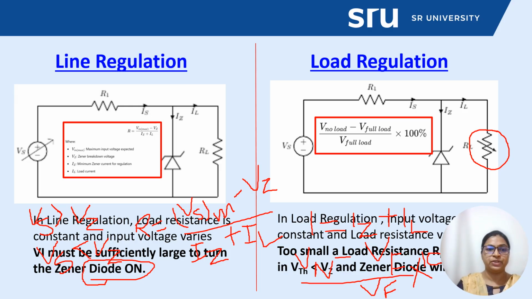Line regulation is with the Zener diode on; load regulation is with the Zener diode off.